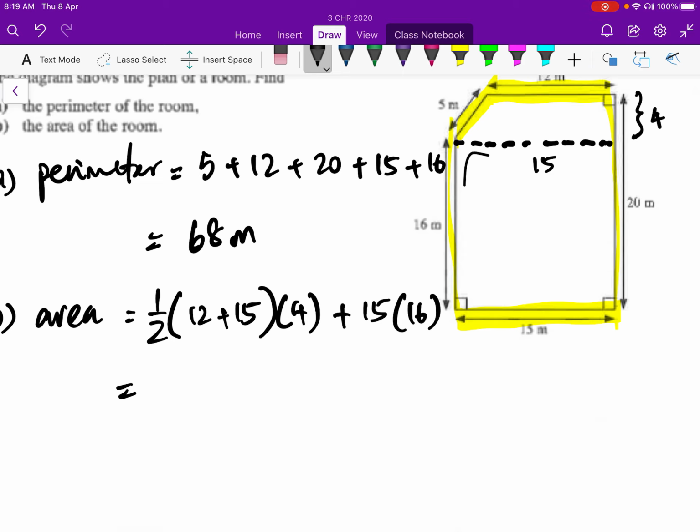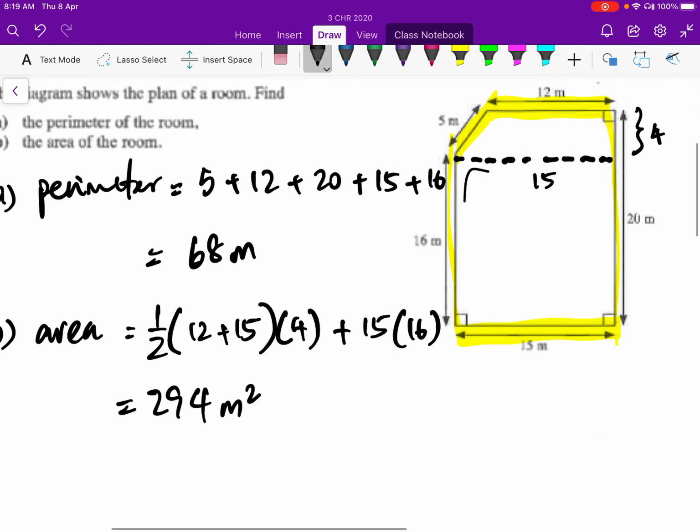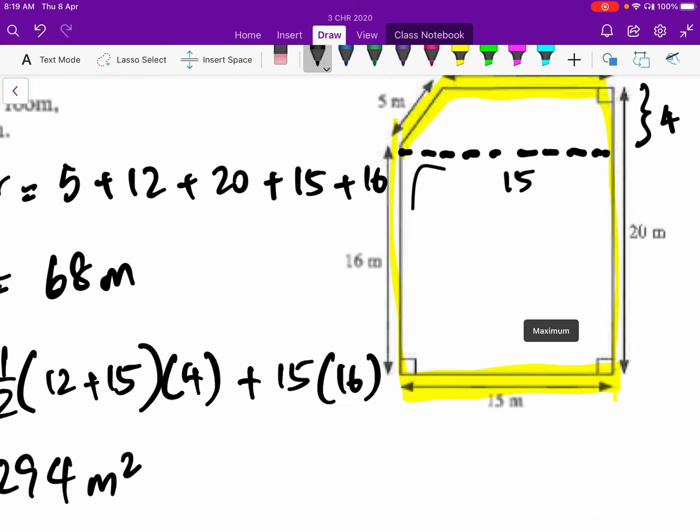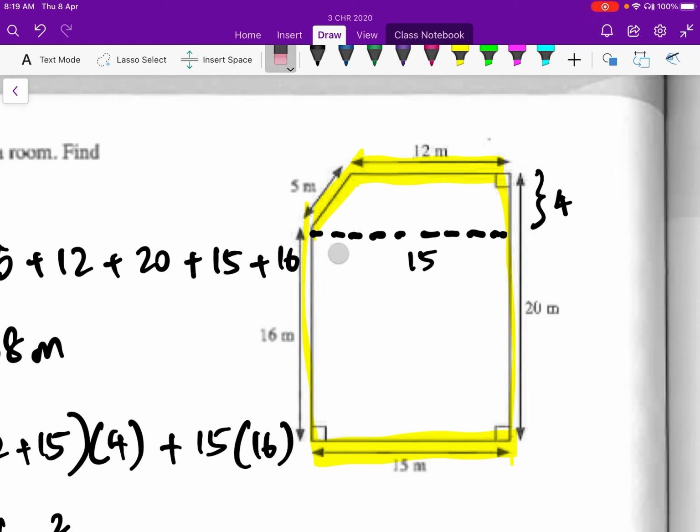So you get 2 times 30, 27, 54 plus 15 times 16, 294. Okay? Most students, you are doing it this way. Now, is there anybody who did a rectangle minus triangle? Rectangle minus triangle, okay. So rectangle minus triangle, what does it look like?